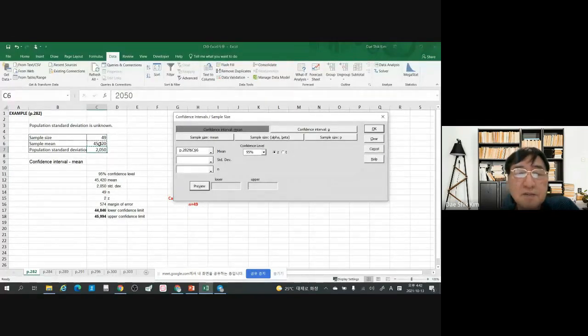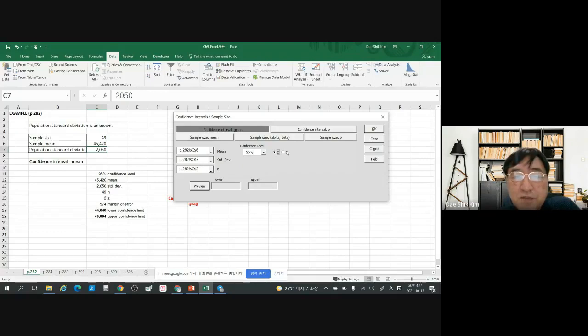You need to click it. The population standard deviation is given like that. Sample size 49 and 95%. When you click it, there are 90, 95, 99. So our question is 95.